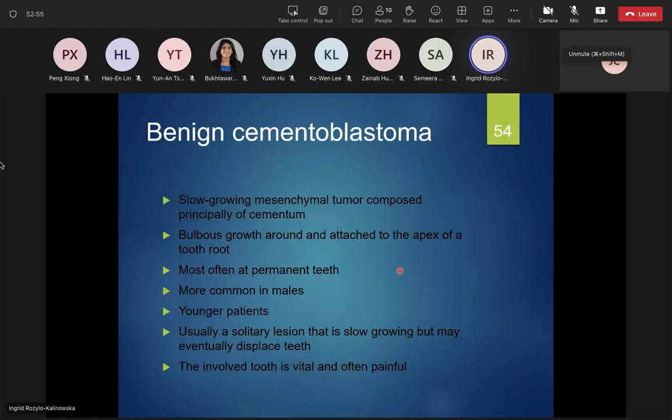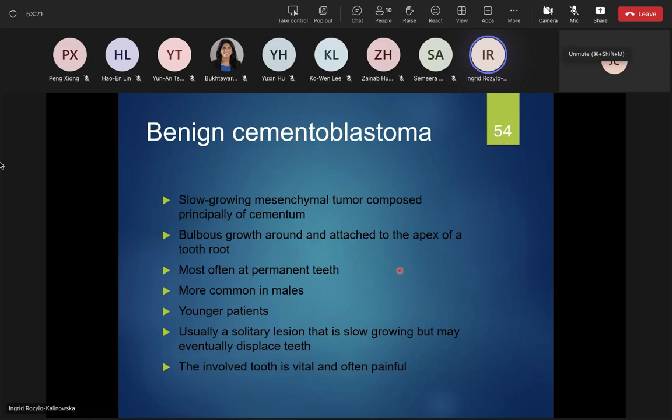And we'll also talk about cementoblastoma, and benign cementoblastoma is in fact the only tumor which is made of the cementum. There is no other tumor that is composed of cementum of the roots, and this makes the tumor quite characteristic.